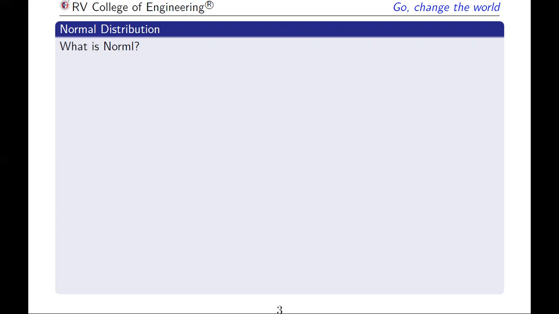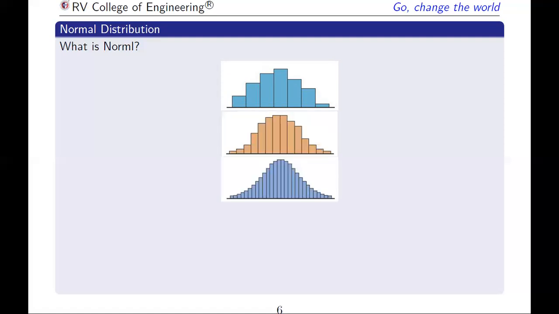Next, we consider another example. If a researcher selects a random sample of 100 adults, measures their heights, and constructs a histogram, the researcher gets a graph similar to this. If the researcher increases the sample size and decreases the width of these classes, the histograms will look like this and this.